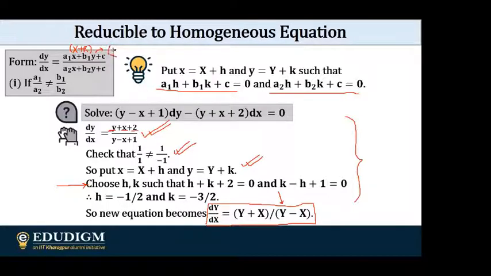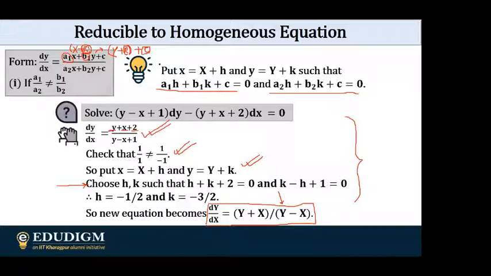I'm putting x plus h here, and here I'm putting y plus k, and c was already there. So if you look at this entire thing, what will be the constant? The constant will be A1h plus B1k plus C. This is the constant after you do the substitution.